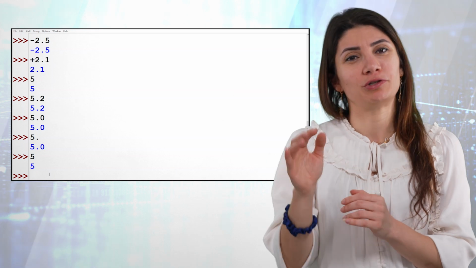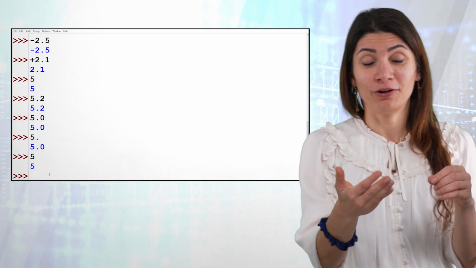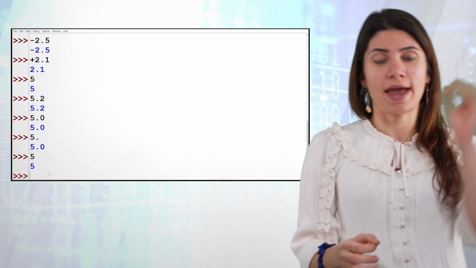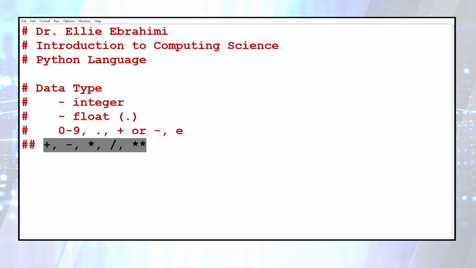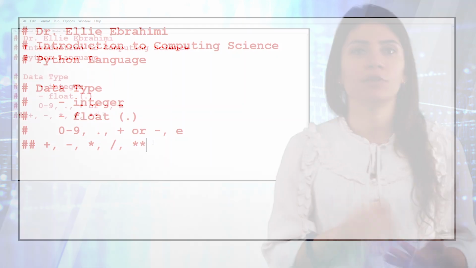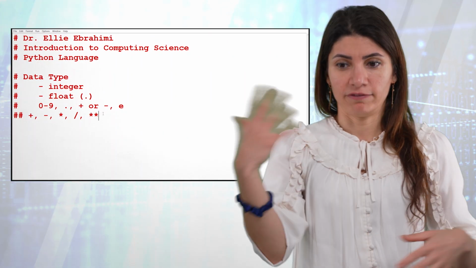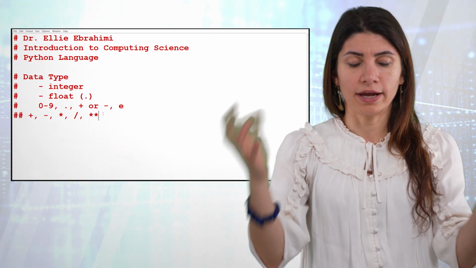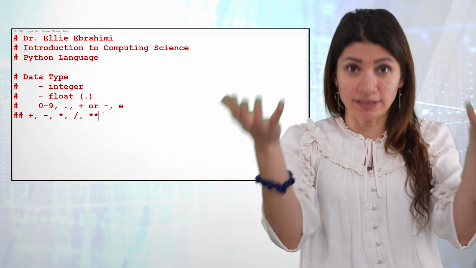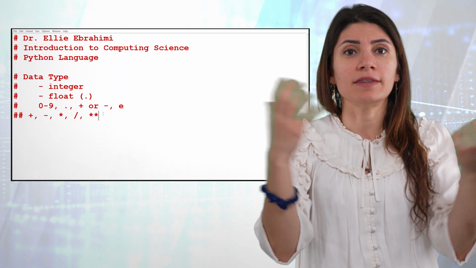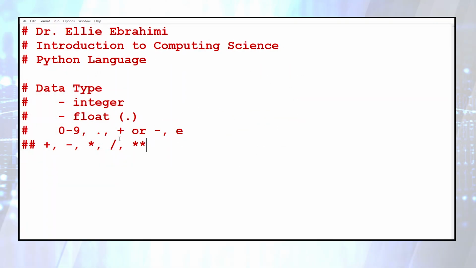And in the next video, I'm going to show you how to actually call for the type of it and be sure that it is either integer or float type. Okay, so now a couple of things go into the arithmetic operators that we used. With all of these arithmetic operators, when you have 2 operands or more and an arithmetic operator, it's going to look at the data type of your operands and decide what the result is going to be.